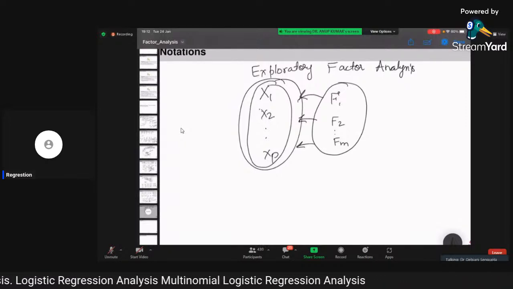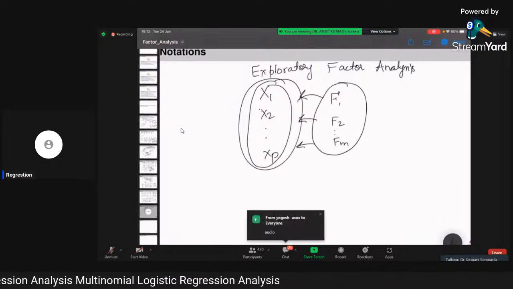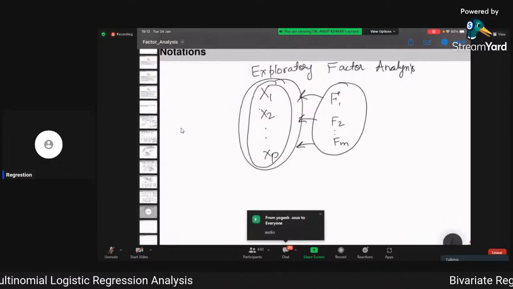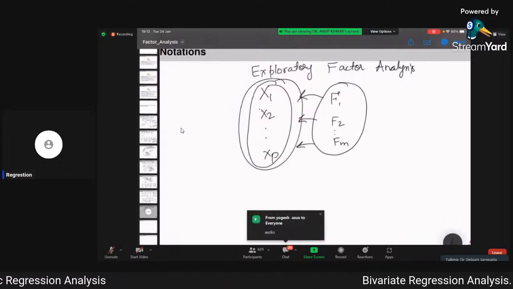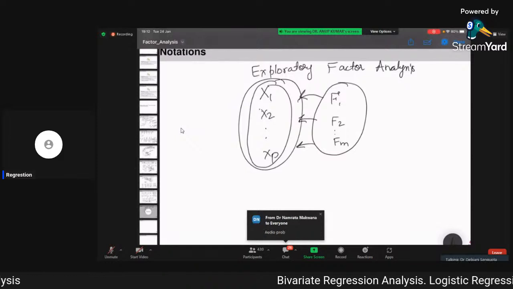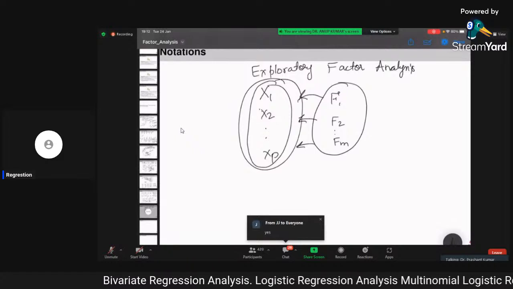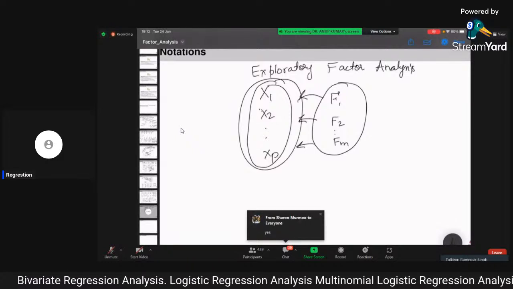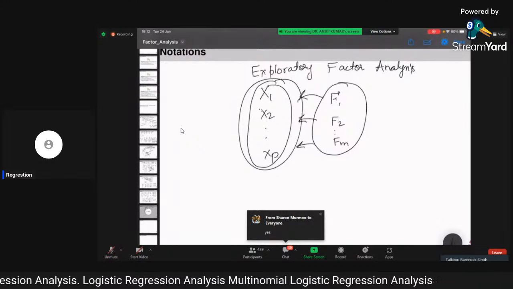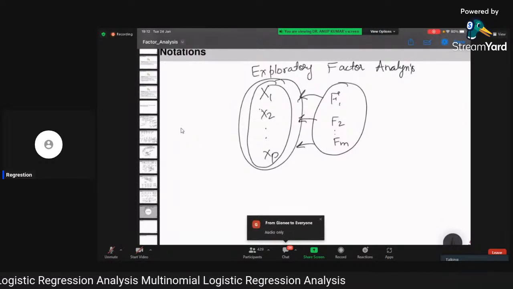So audio and video both have stopped. Has it stopped for others? Yes, and then stuck. Yes, it is for us.